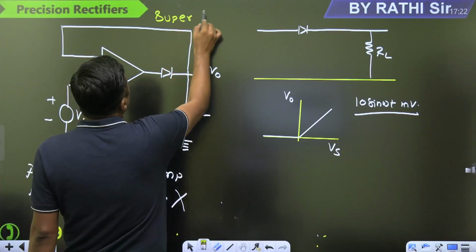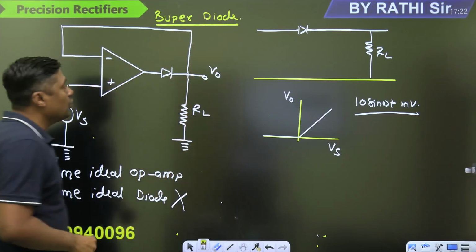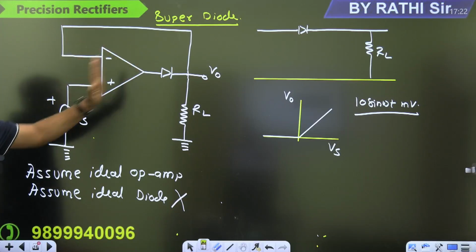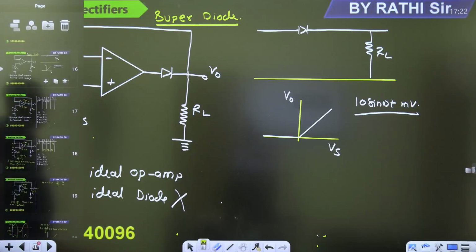Super diode means active diode. We are just connecting the active device in front of the diode, and it will amplify the signal. It will make the diode forward bias. And that is the super diode or active rectifier. So only 0.7 microvolt is required.